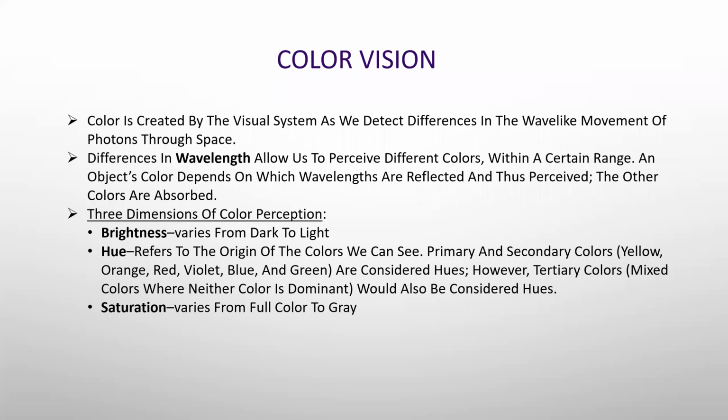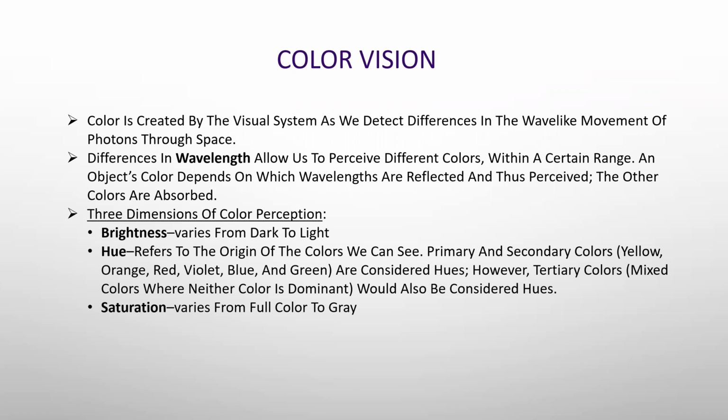Okay, let's talk about color vision. So color is created by the visual system as we detect differences in the wave-like movement of photons through space. And we already talked about those in nanometers and the range for visible light. Okay, differences in wavelength allow us to perceive different colors within a certain range. An object's color depends on which wavelengths are reflected and thus perceived. The other colors are absorbed. Okay, so 3 dimensions of color perception.